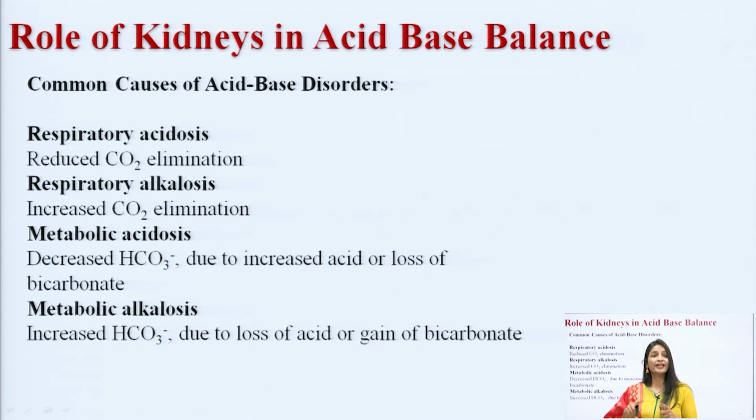What is respiratory acidosis? Reduced carbon dioxide elimination. If the body is not able to send out carbon dioxide, you can call it respiratory acidosis. If the body eliminates more carbon dioxide, increased carbon dioxide elimination, you can call it respiratory alkalosis. These are a few disorders.